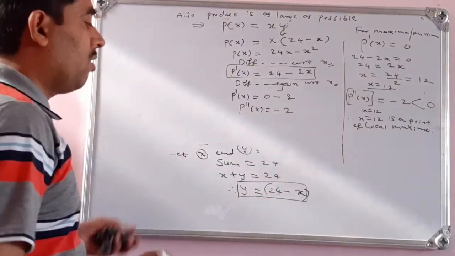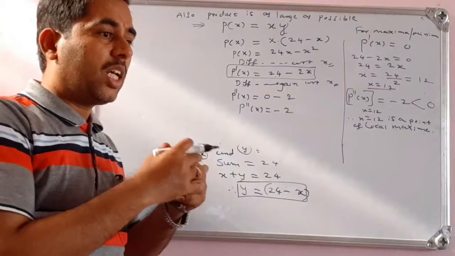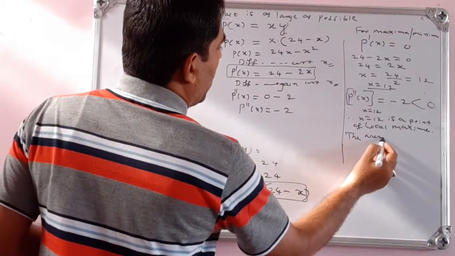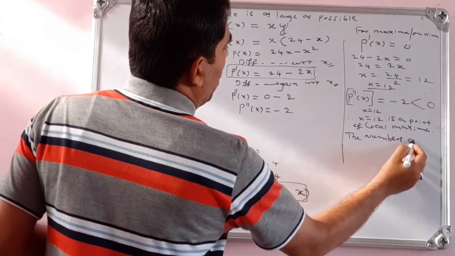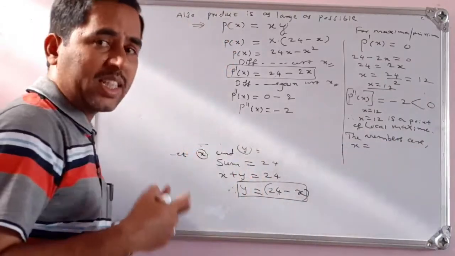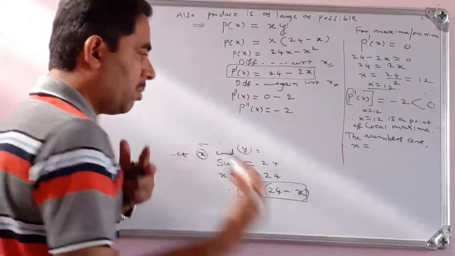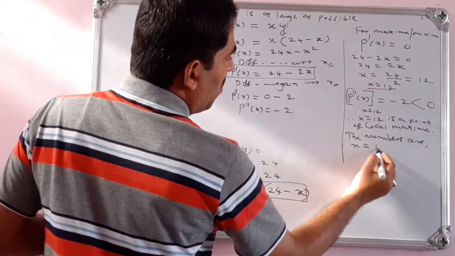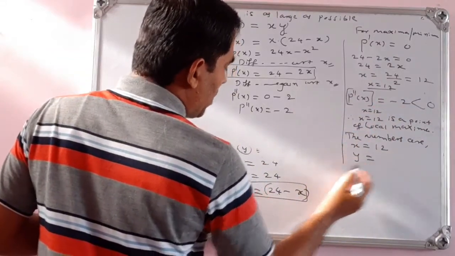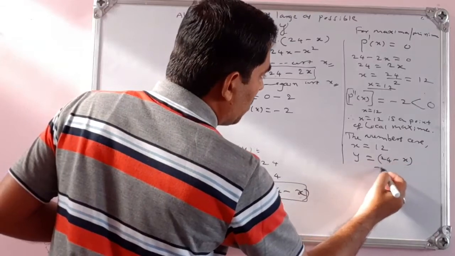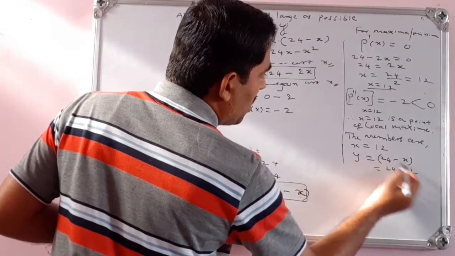The question says find the numbers. We have assumed that the numbers are x and y. One number is x, which we have already found: x is equal to 12. And y is 24 minus x, that is 24 minus 12, which is 12.